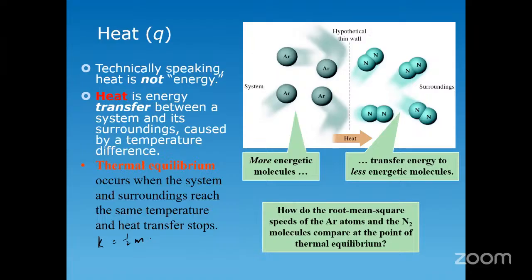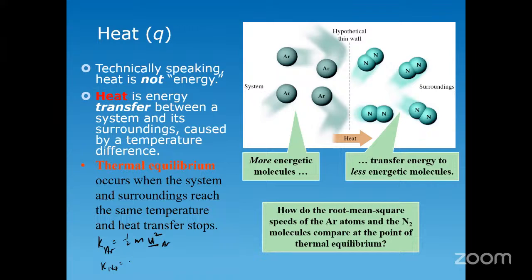Now, in this context, we can use the root mean squared speed to represent v squared, all right? So in the case of argon, we can use that symbolism. And in the case of nitrogen, we can write down a similar formula.